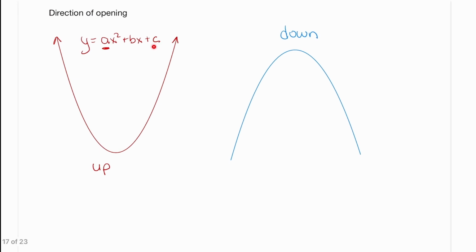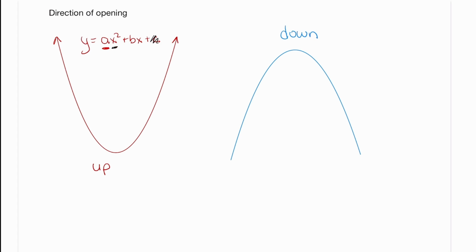If we look at the c value, c is never going to be the biggest value as x gets bigger. Because even if c was a really big value, x can go even bigger. x can go all the way to infinity. So c is never going to be bigger than x. So we can just ignore the c value. We know that that's not going to show us the opening.